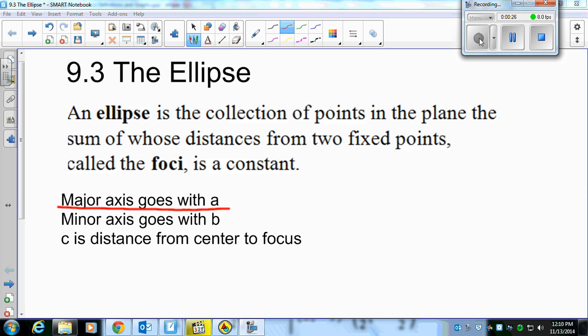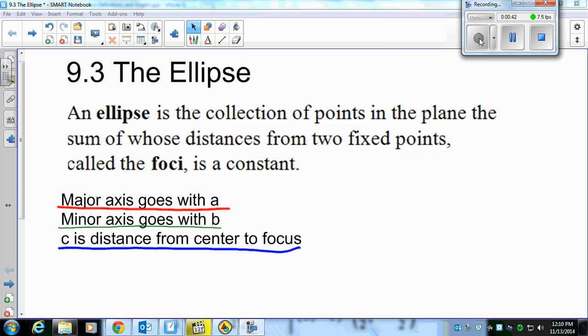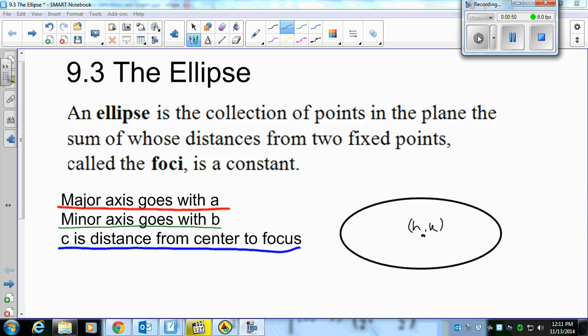A is your major axis, which corresponds to your A. Your minor axis goes with B, and your C is the distance from the center to the foci. If I drew a rough sketch of an ellipse, with H, K being the center, your major axis always goes the long way.